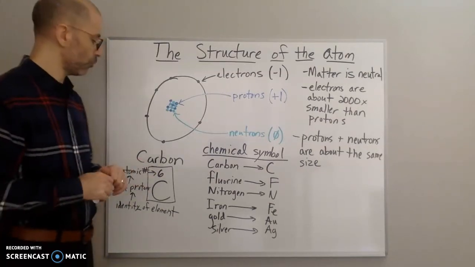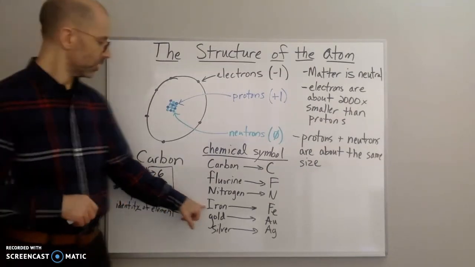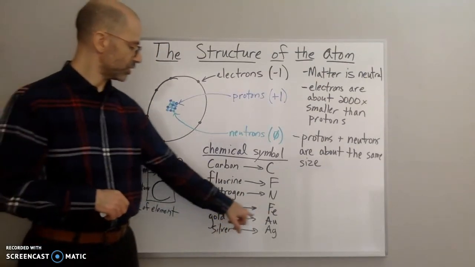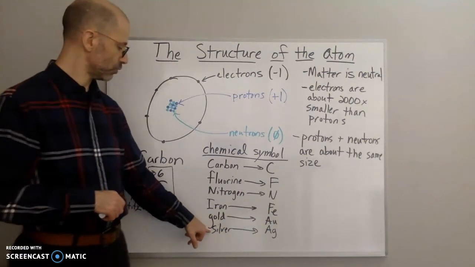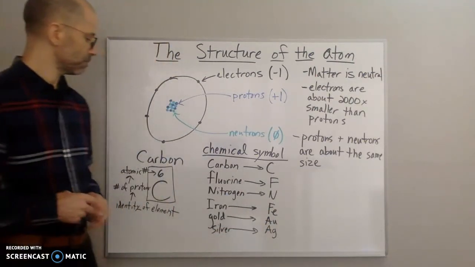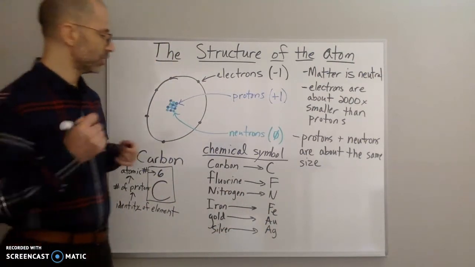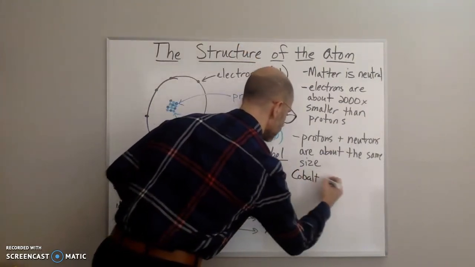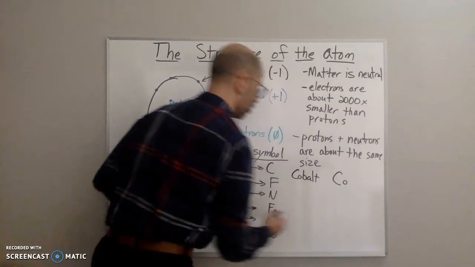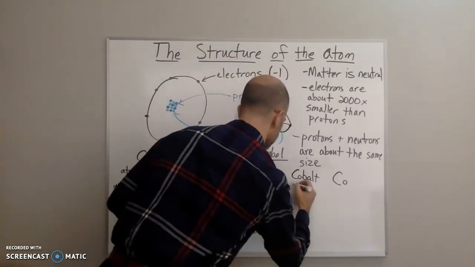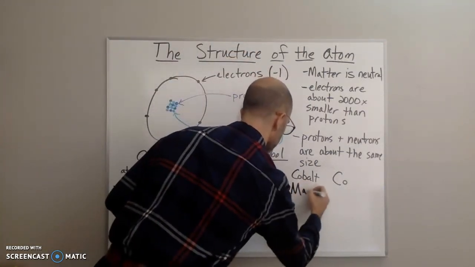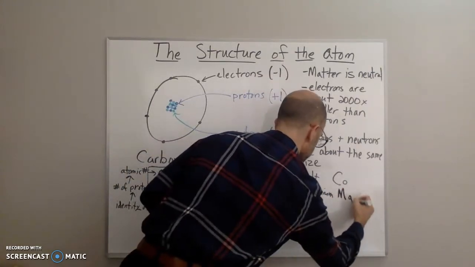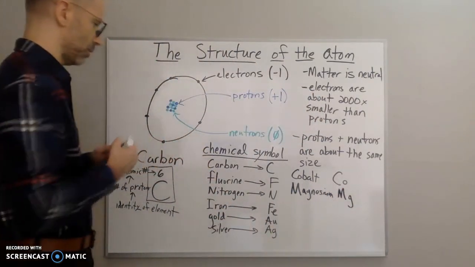Okay, so for example, you have iron, which is capital F-E. You have gold, which is capital A-U, and you have silver, which is capital A-G. You might have others, for example, cobalt, which is capital C-O, magnesium is capital M-G, and so on.